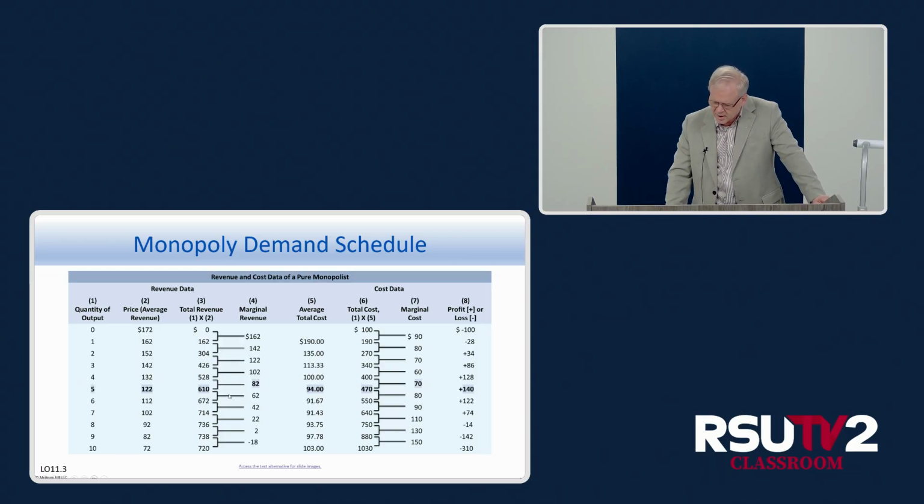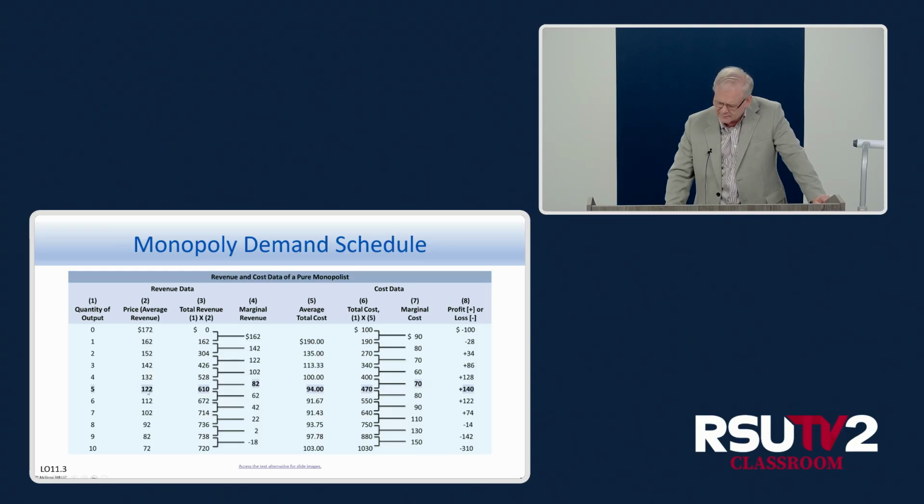I'm sorry. Notice here, marginal revenue is 82. Marginal cost is 70. When you go from around the 5th unit, the marginal revenue goes down from 82 to 62. Marginal cost goes up from 70 to 80. So somewhere in this region, if you could sell half of a unit or a third of a unit or a partial amount of a unit, marginal revenue would equal marginal cost.